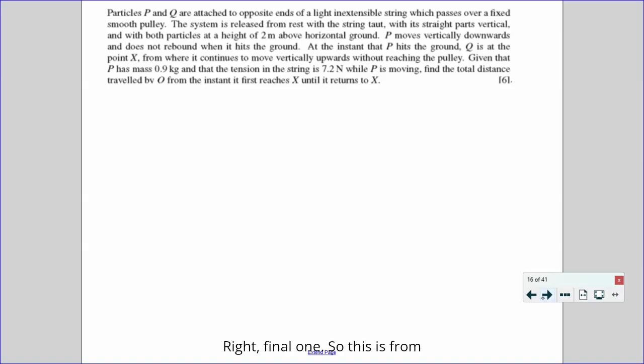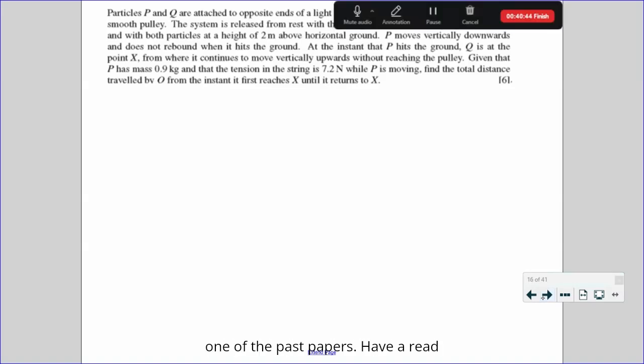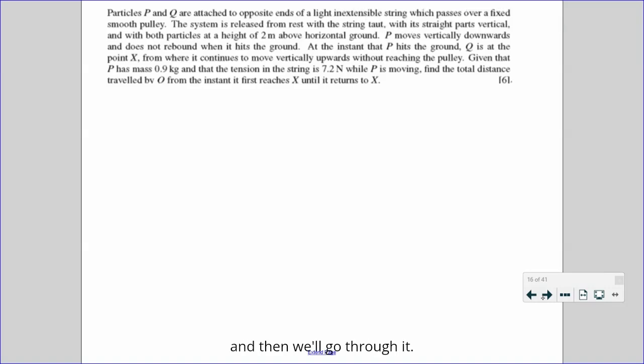Right, final one. So this is from one of the past papers. So have a read and then we'll go through it.